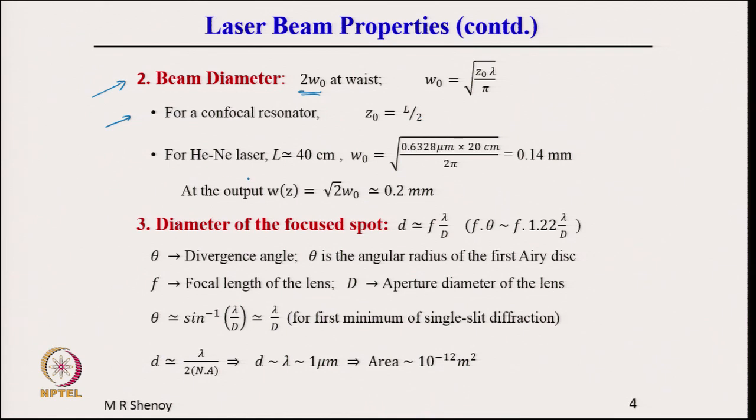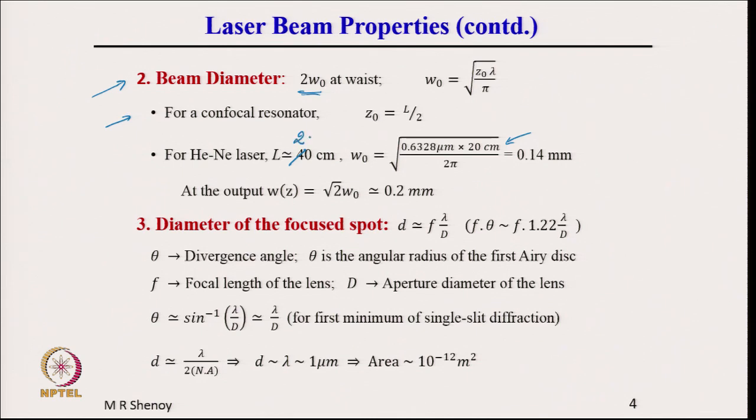For a helium neon laser with L equal to 40 centimeter, let us say we are in the confocal resonator configuration, then W0, just to get an idea about the numbers, W0 is equal to 0.6328 micrometer, which is the wavelength of helium neon laser, the orange red colored, and this is Z0, 20 centimeter, because L is 40 centimeter, Z0 is L by 2. Oh, this is already 20 centimeter then. So, this 2 does not come.